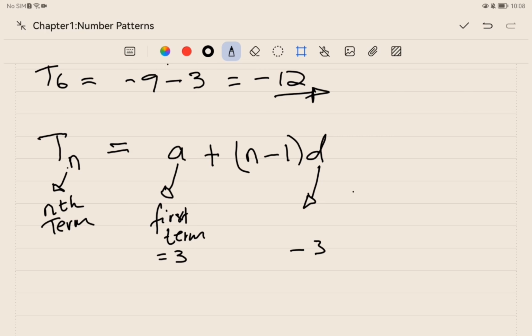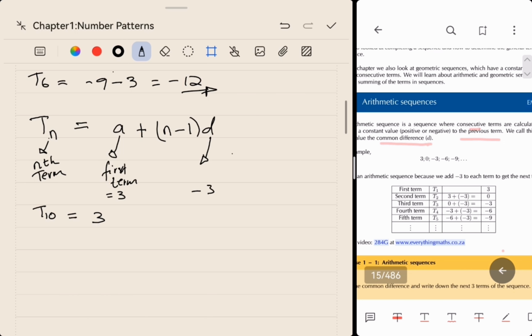So we would say T10 is equal to A. What was our A? 3 plus position 10 minus 1 to make term 9, and then T10 would be equal to 3 plus, and then we know the difference is minus 3, so multiply by that, then we have 9 times minus 3, and then T10 is equal to minus 24.